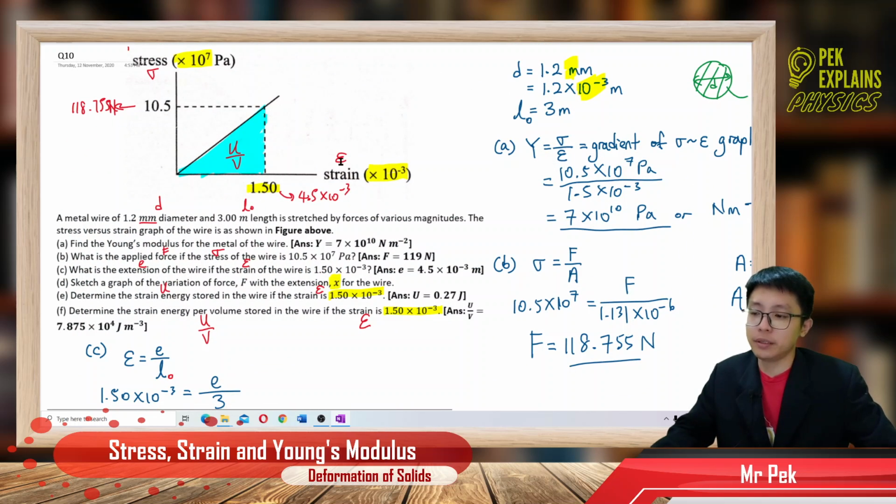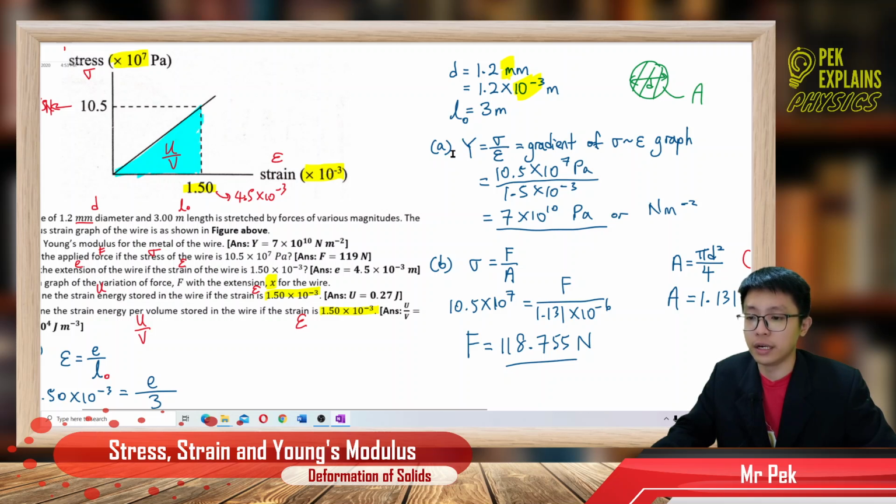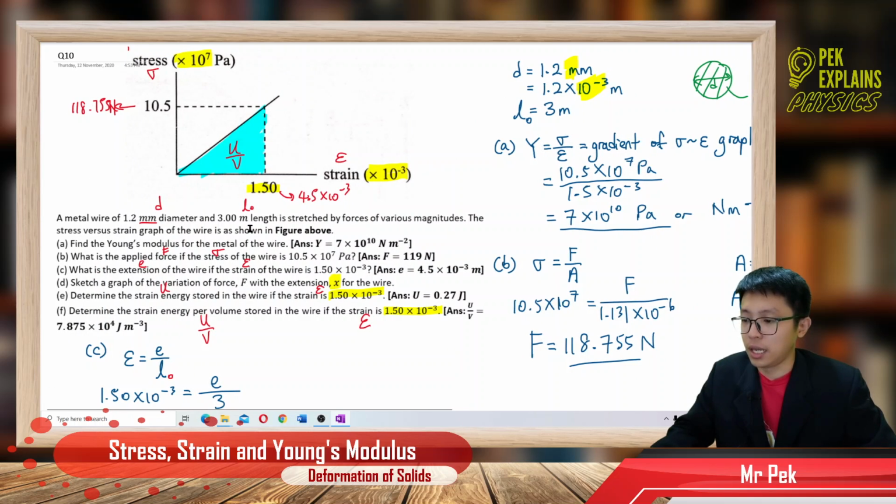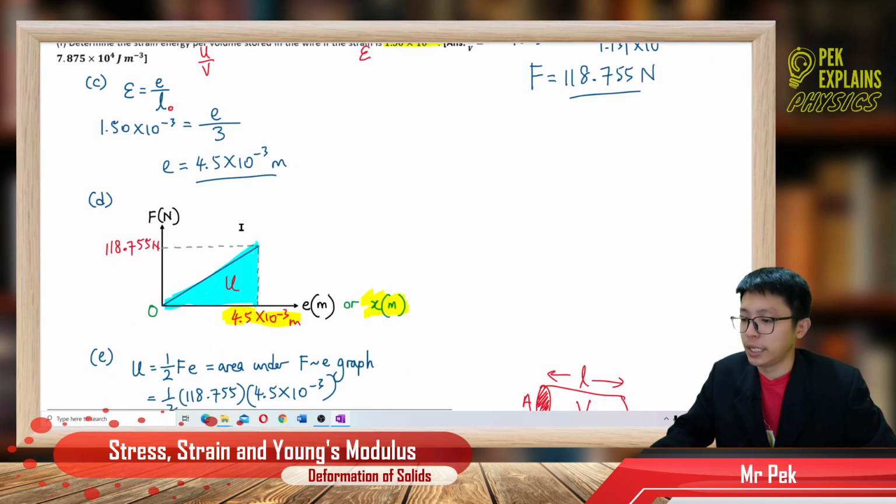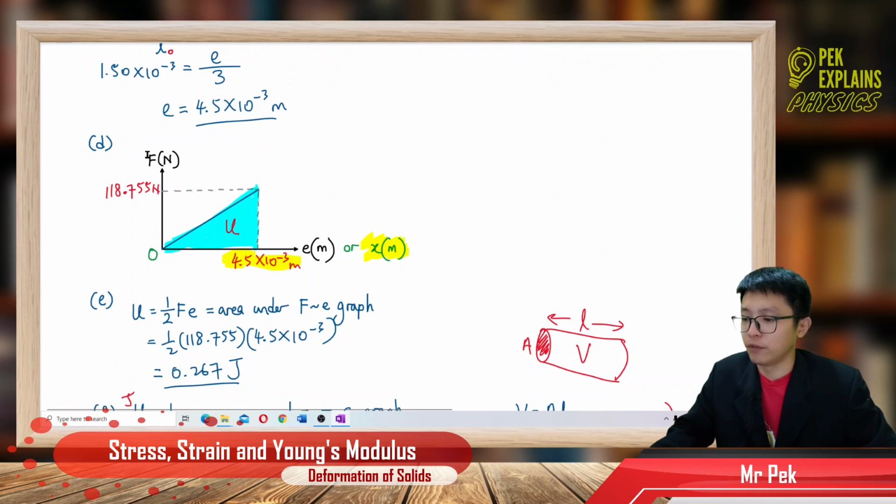Very simple. Again, I want to tell you, this is a stress-strain graph. Don't forget to check the exponent and the unit. For the stress-strain graph, the gradient is the Young modulus, and for the force-elongation graph, the gradient is the force constant.